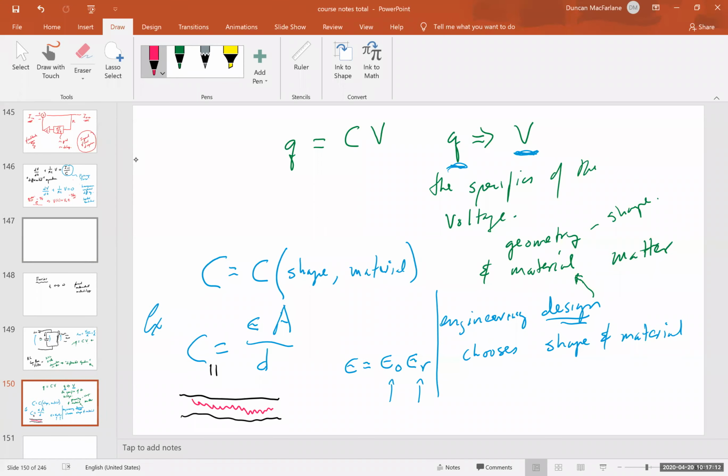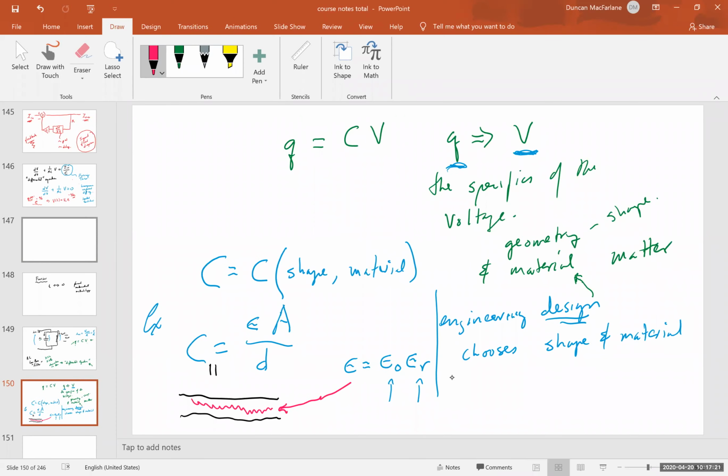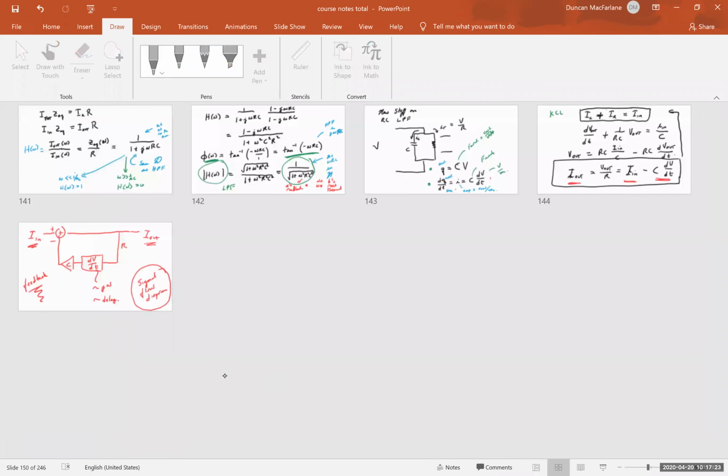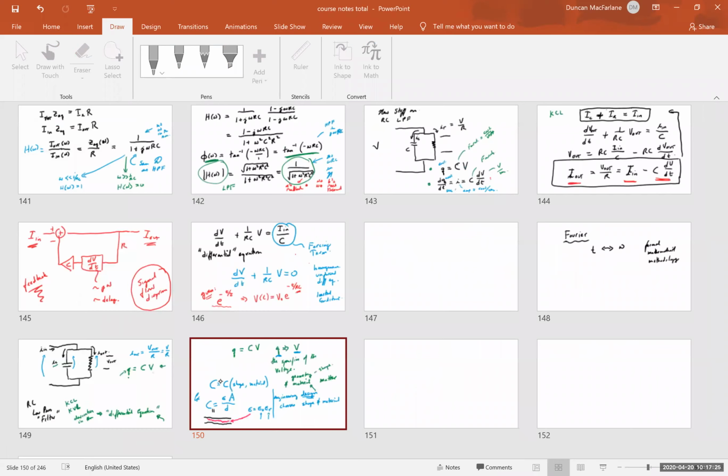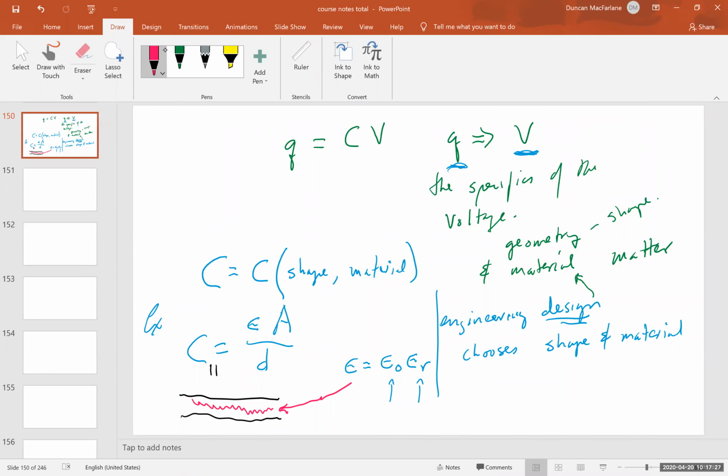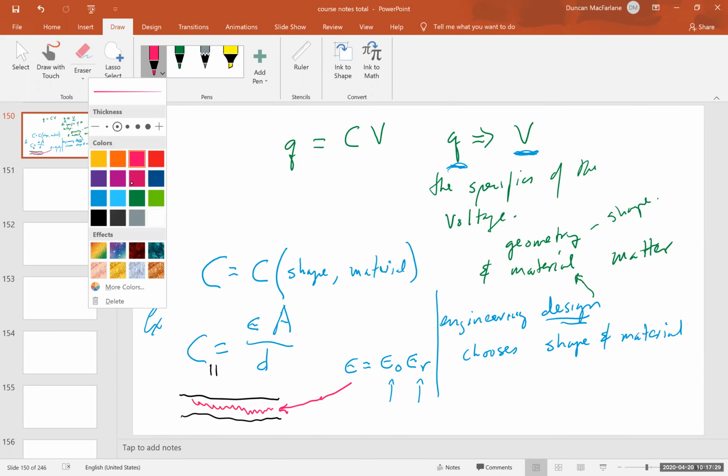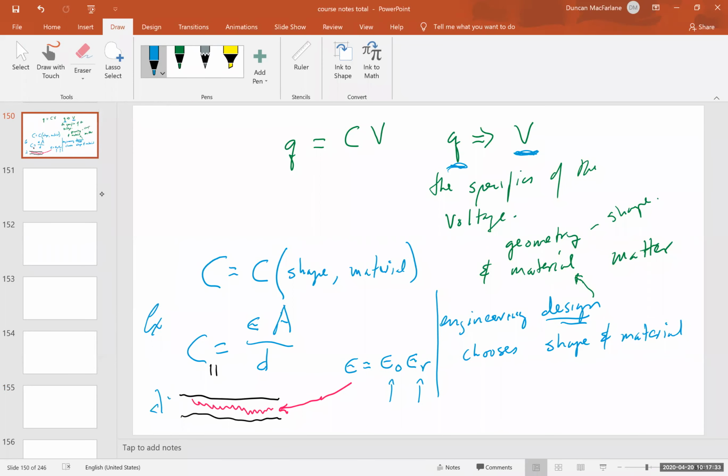And this filling is described by the dielectric constant, the epsilon. And the plates are separated by distance d, and the area of that metal up top is the area.